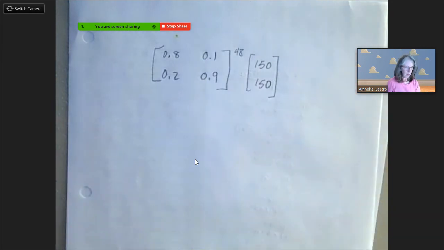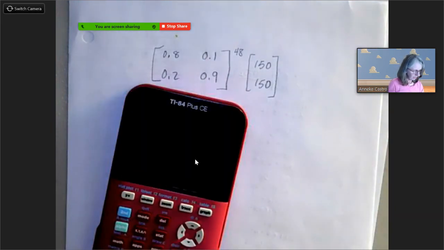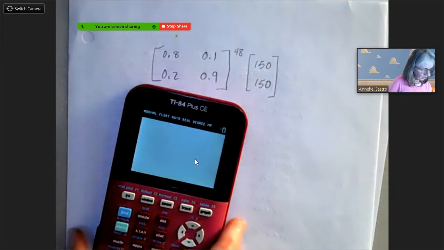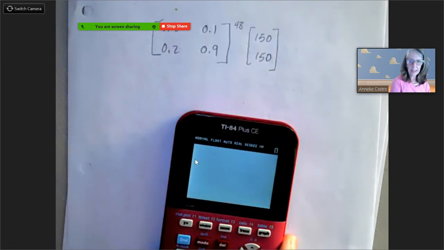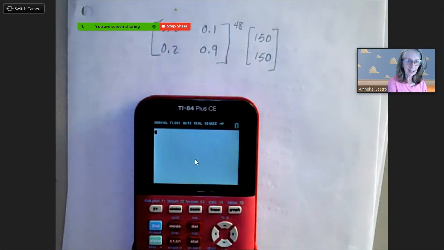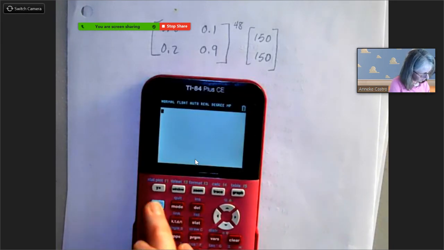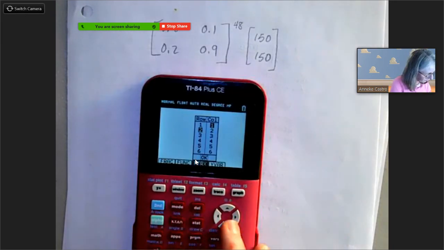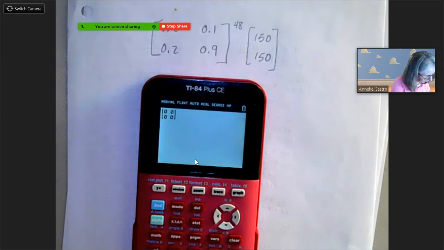Then on my calculator, if I put this in, we're going to get really close to 100 and 200. So check it out. I'm going to put in my original matrix: 0.8, 0.1, 0.2, and 0.9.